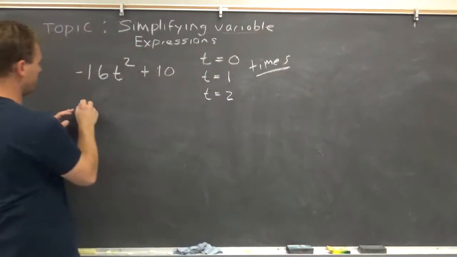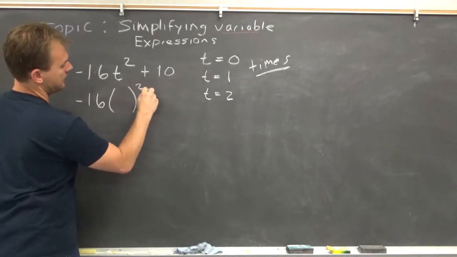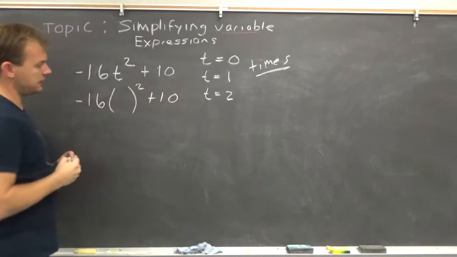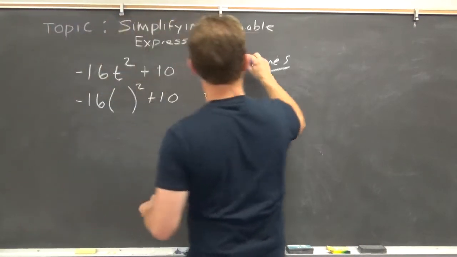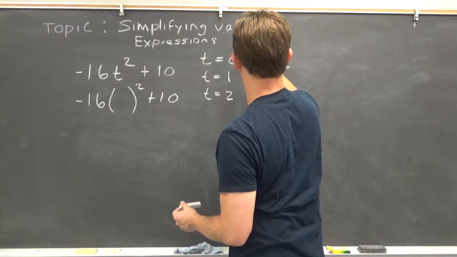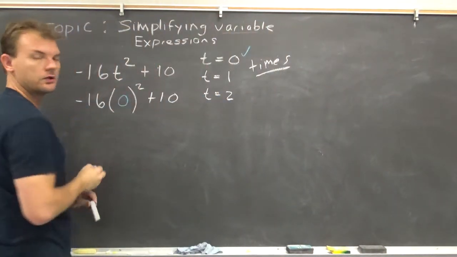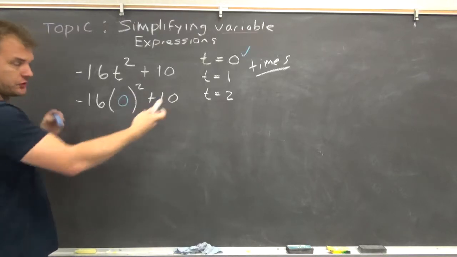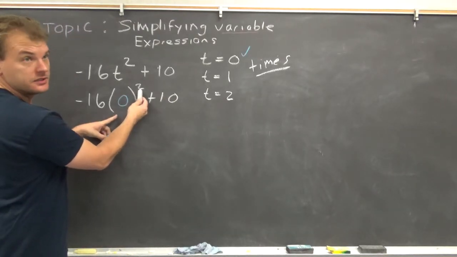So we're just going to go negative 16 parentheses, just like that. And now let's do 0 time. And then just do the numbers. What is 0 squared? 0.